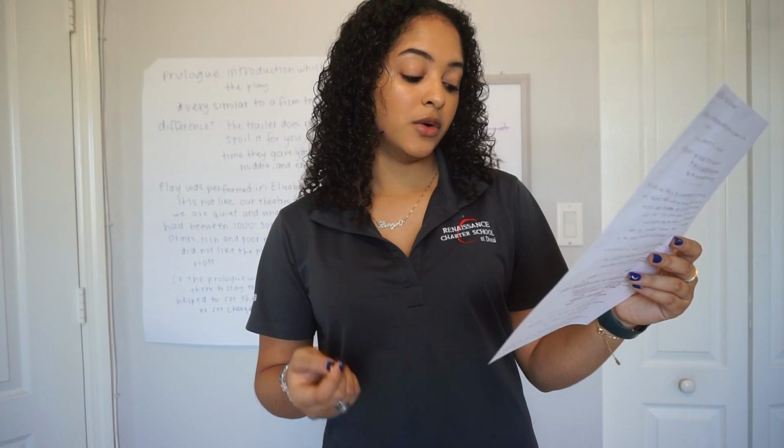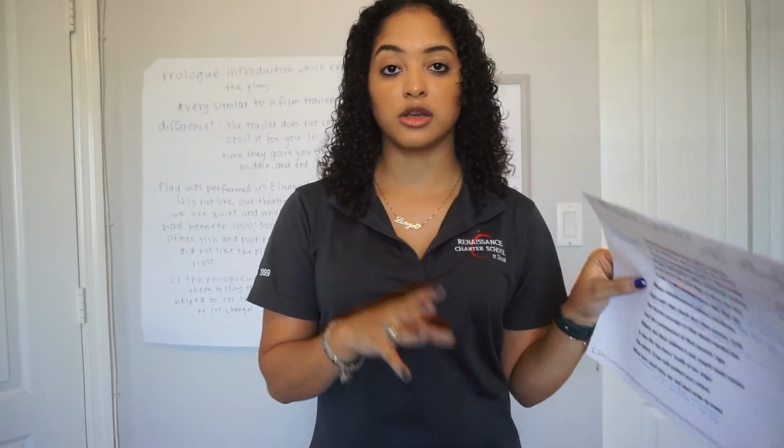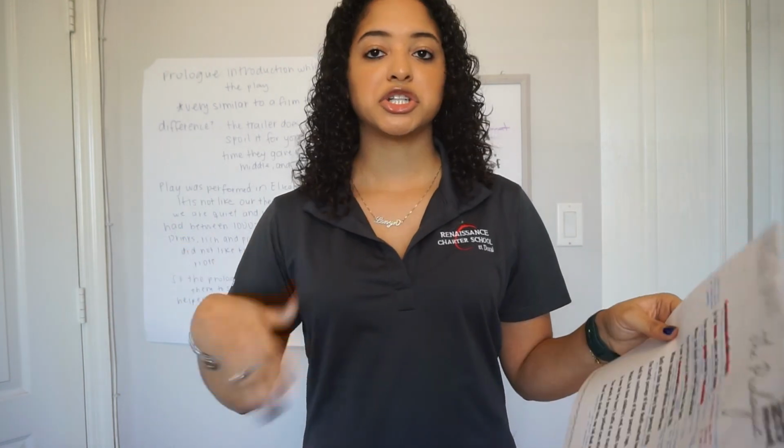"The which if you with patient ears attend, what here shall miss, our toil shall strive to mend." It's saying that as long as we listen patiently and watch the play, whatever we did not understand in the prologue is going to be explained in the actual play, okay? So the last part of the prologue is just summarizing what's going to happen and what we are to expect.